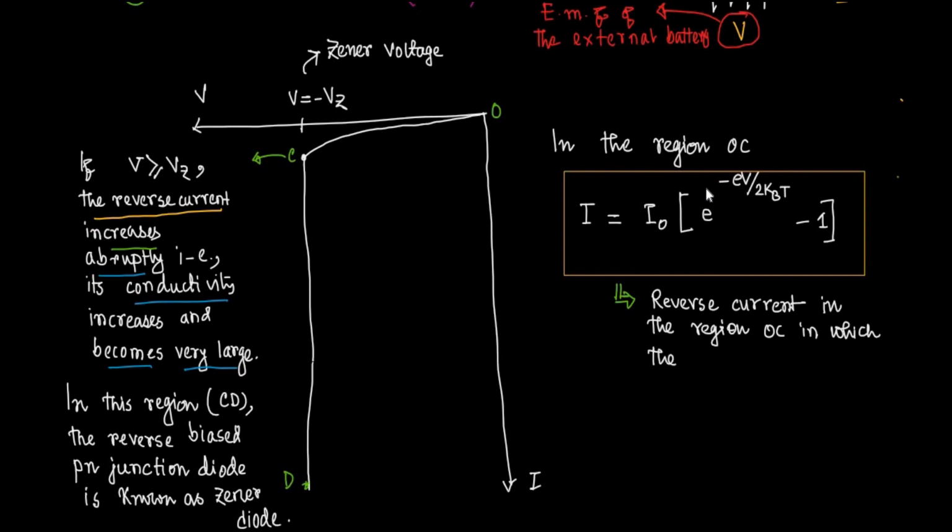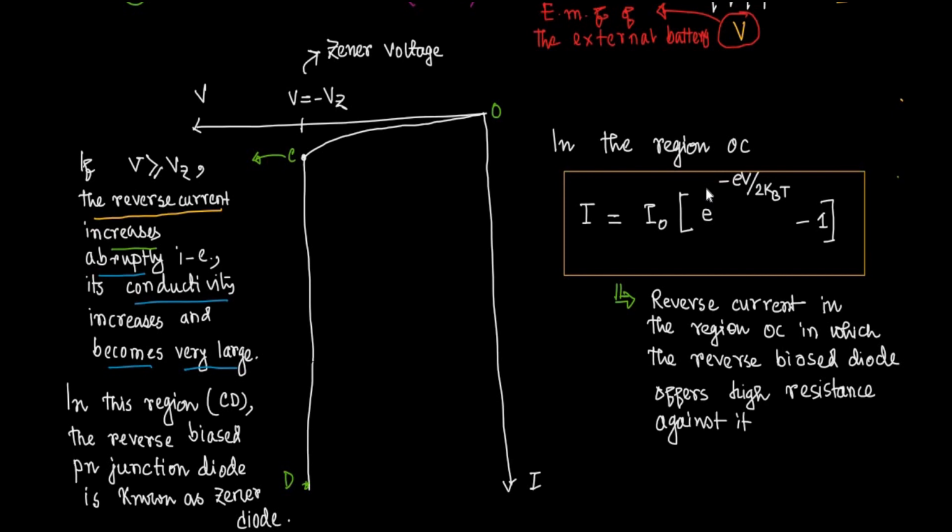In the region OC, the reverse biased PN junction diode offers high resistance and its conductivity is very low, high resistance against the reverse current.